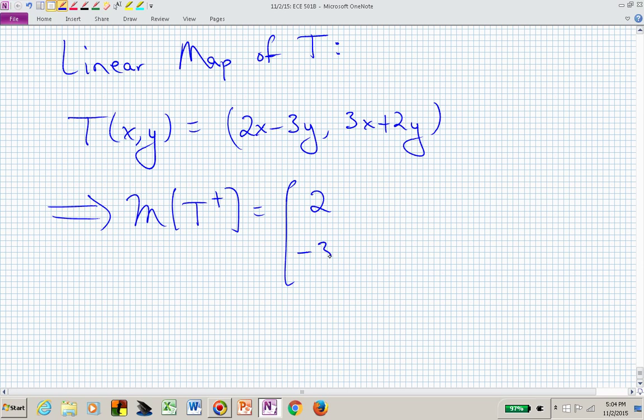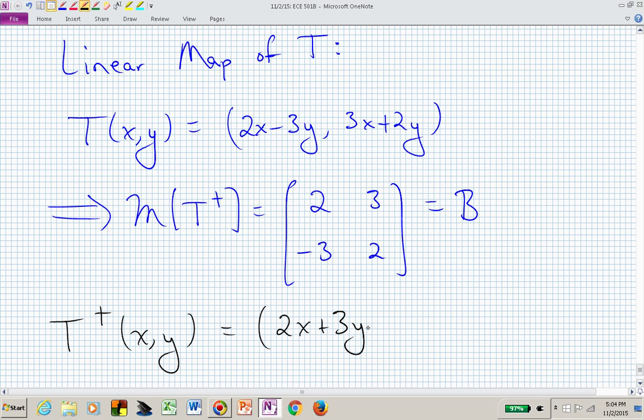So we now have 2, minus 3 in the first column and 3, 2 in the second column. And let's call that B. And if we wanted to, we could find that linear map, T dagger of xy is now 2x plus 3y, and in the second coordinate, 3x plus 2y.